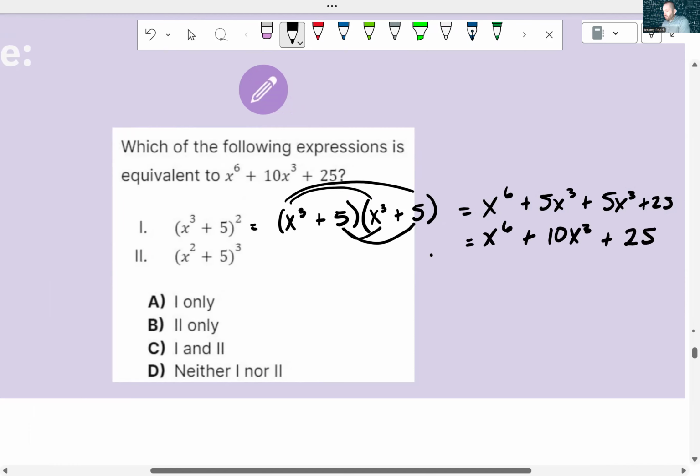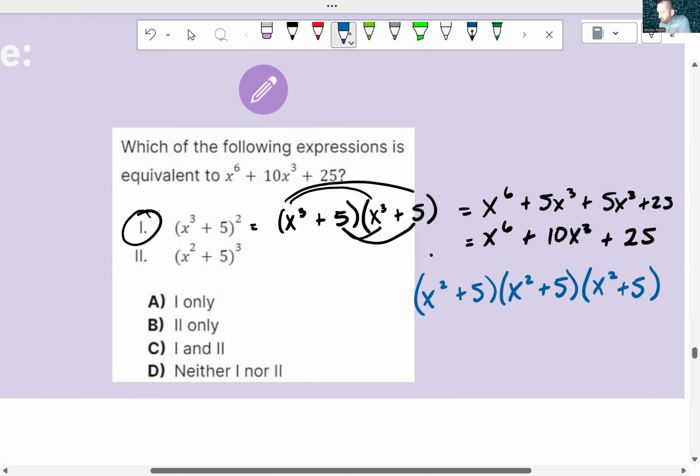Okay, so it looks like x to the 6th. It looks like option 1 is equal to that. Now let's check 2 though, because it could be. So let's check 2. This one, in a different color, is the quantity x squared plus 5 times the quantity x squared plus 5, all times the quantity x squared plus 5.